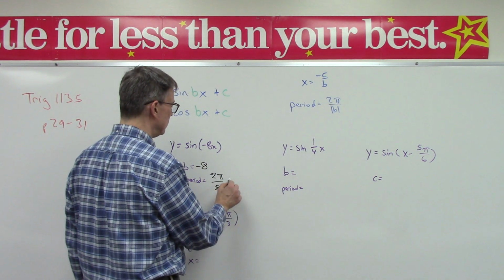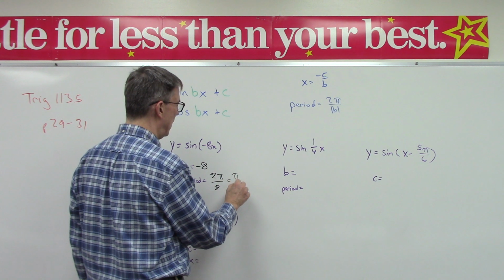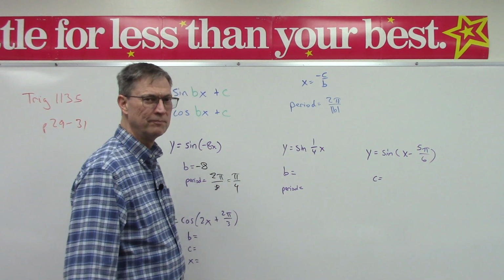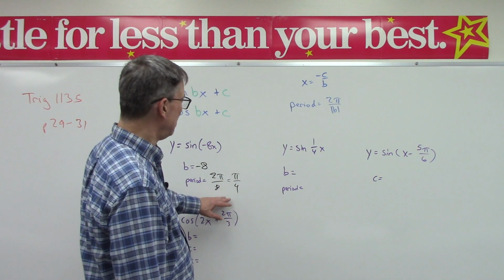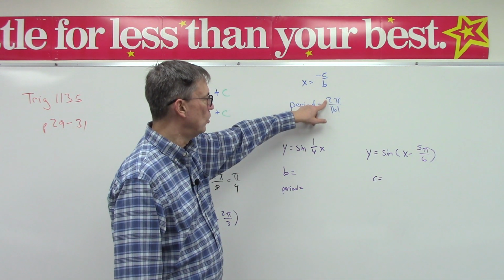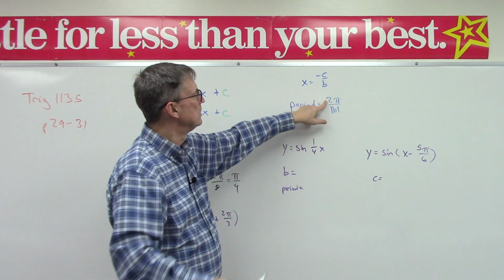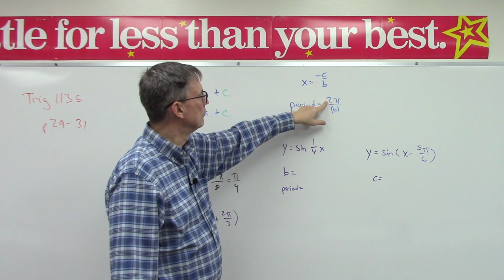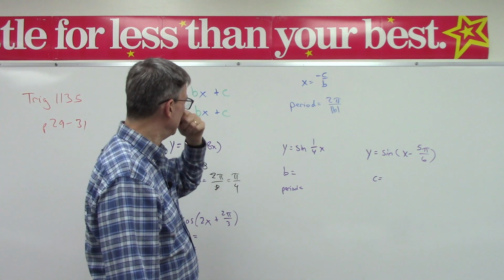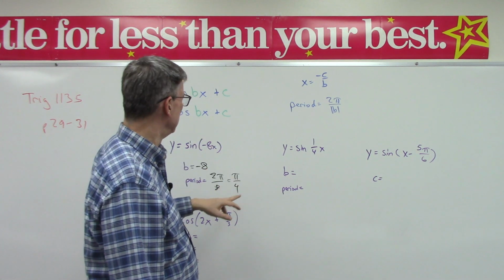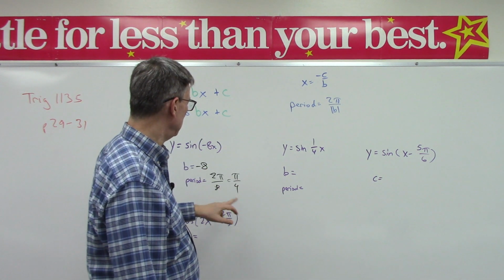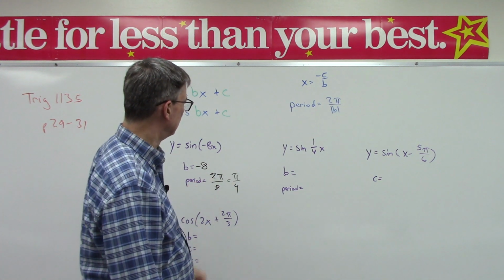So we can cancel and just get pi over 4, right? So basically that's all you're going to do. Just plug in, it's always 2 pi, because that's one complete cycle under 360 degrees. And then divide that by the b value.